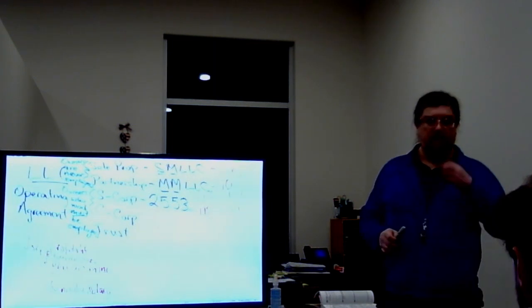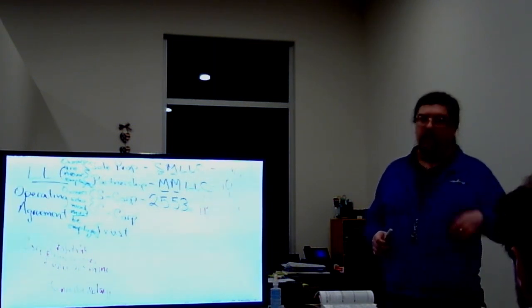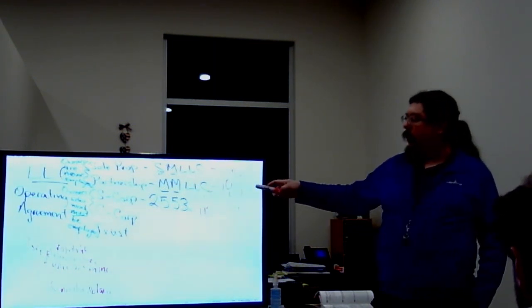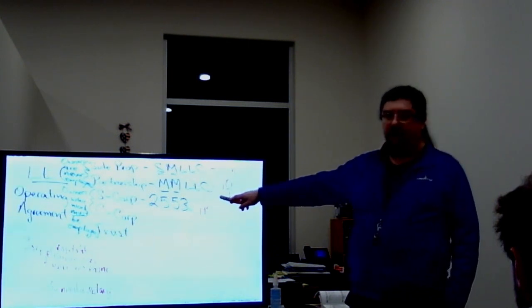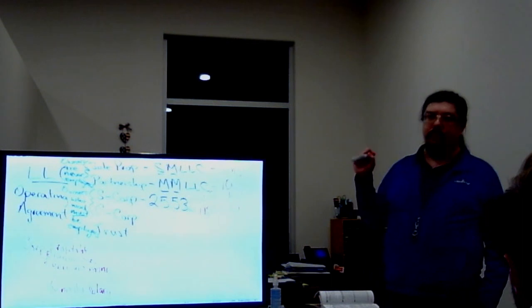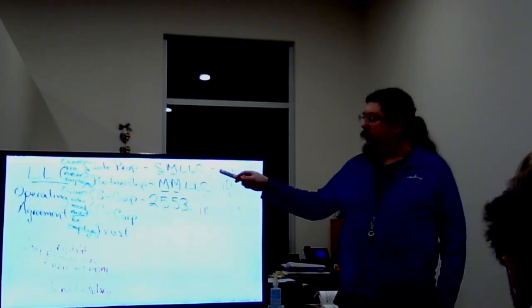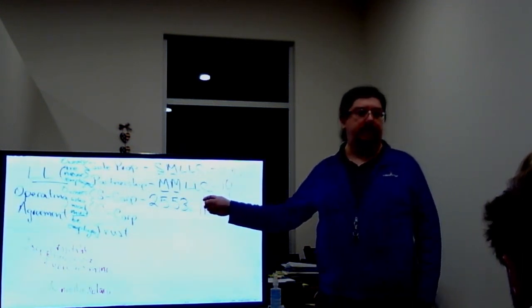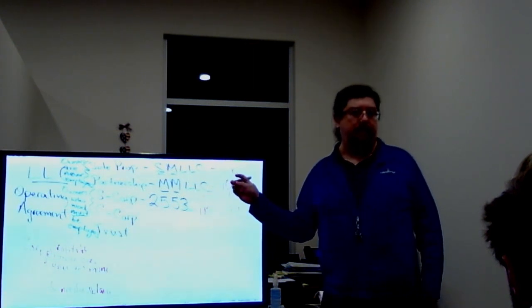The S corp would pay unemployment though, right? On the W-2? It would pay regular payroll taxes. Right, but unemployment, it would not pay state unemployment unless you elected to be treated as covered for unemployment purposes.